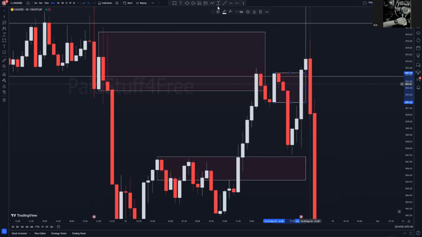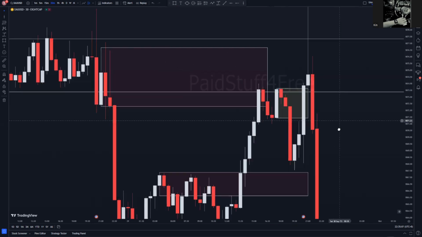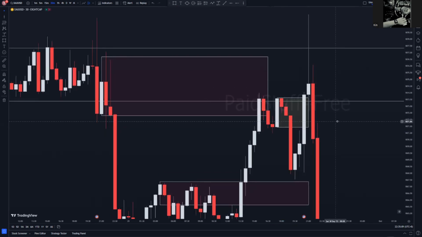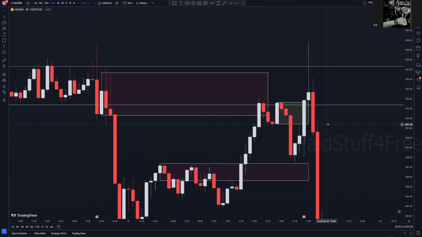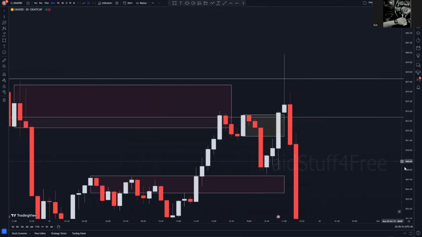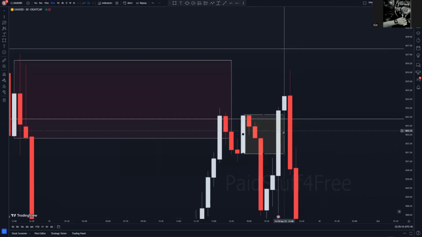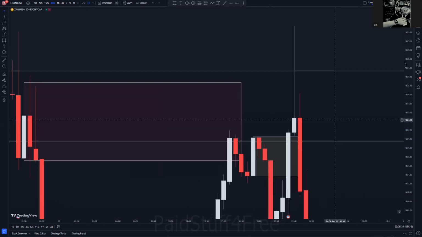So answer this question again. Why did the price break through the zone? Good one. Maybe some of you are going to tell me, okay, this was an EF, so we need to focus on the buy, right?